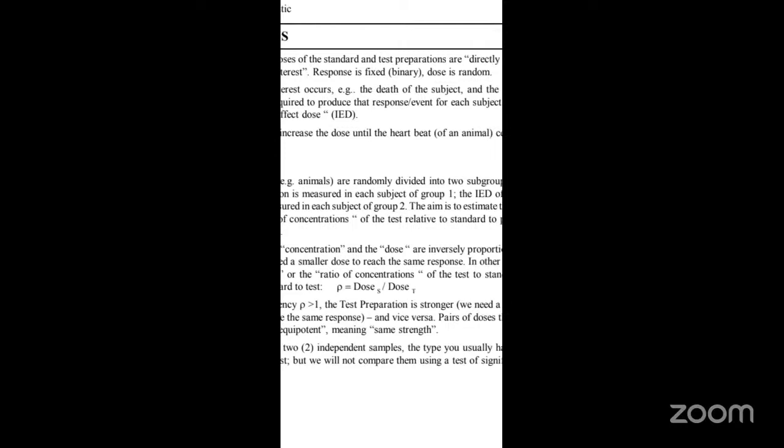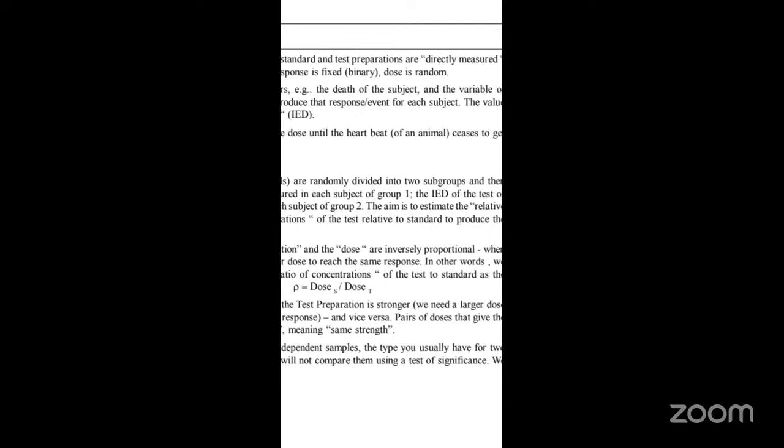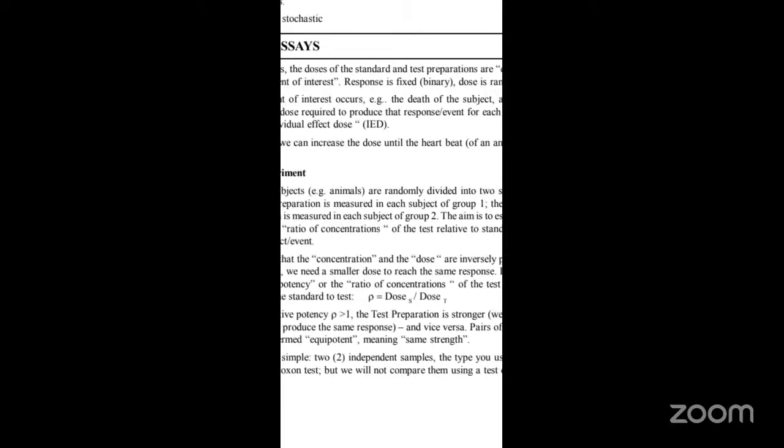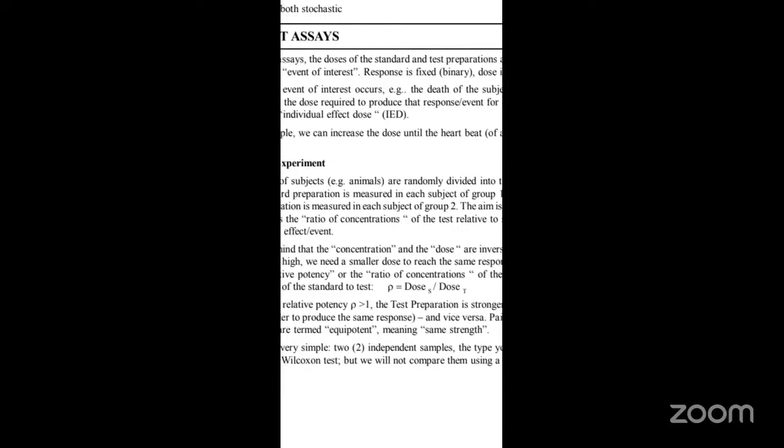It is the ratio, not the correlation coefficient limits. If the ratio is greater than 1, that is called stronger. We need a larger dose of the test in order to produce the same response, and vice versa.